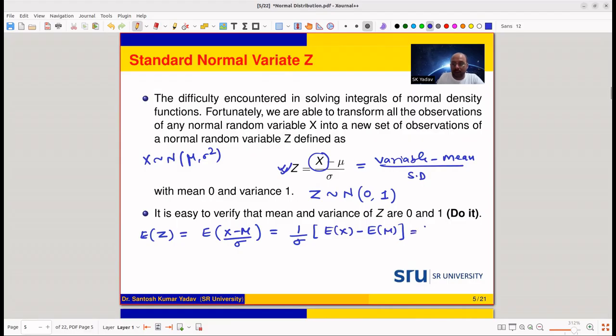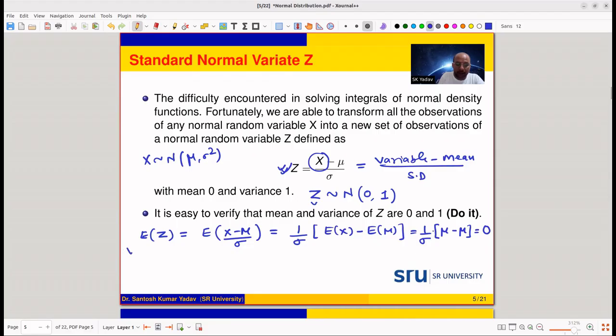Now in the next step we have 1 upon sigma, and then here I have E of X is mu itself and minus E of mu. So mu is already a constant, and the expectation of a constant is the constant itself, so it is also mu here. And finally what we have is 0 here. So mean of Z is 0.